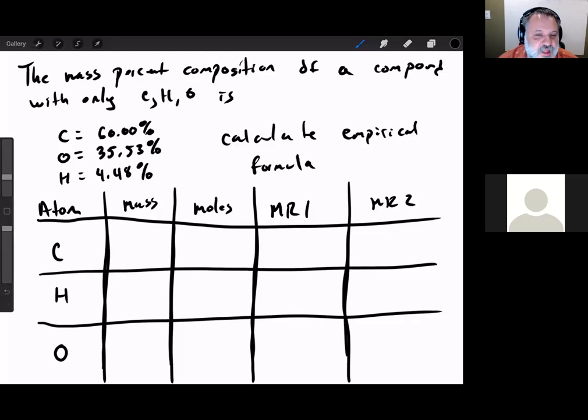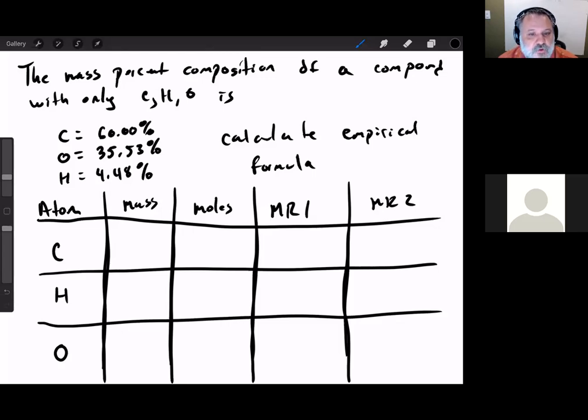That means that in any sample, I don't care if it's 0.5328 grams or 5,938 grams, 60% of the mass of the sample will be carbon. 35.53% of the mass will be oxygen, and 4.48% of the mass will be hydrogen. So it doesn't matter what the mass of the sample is.